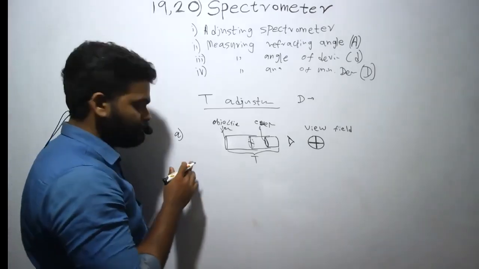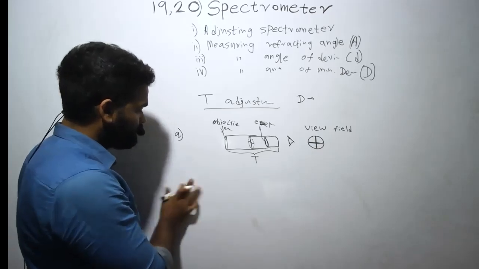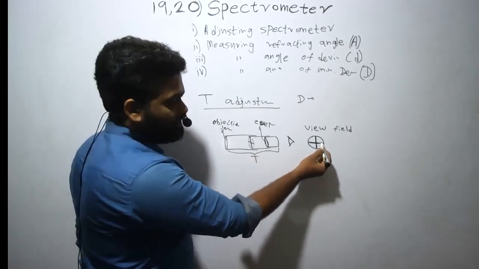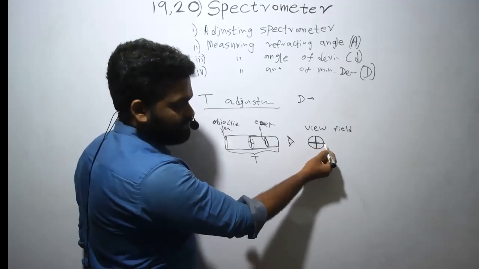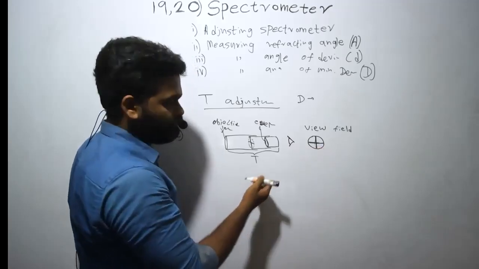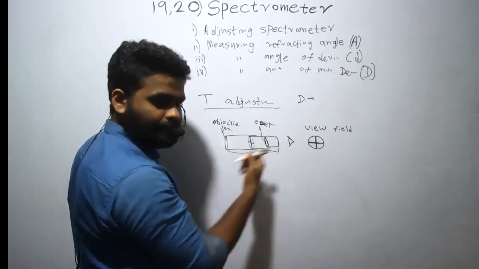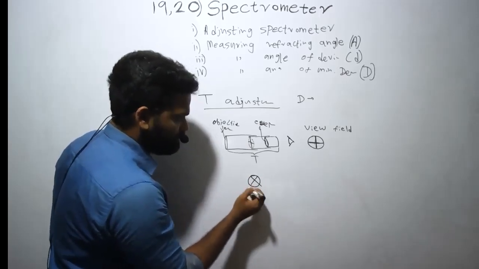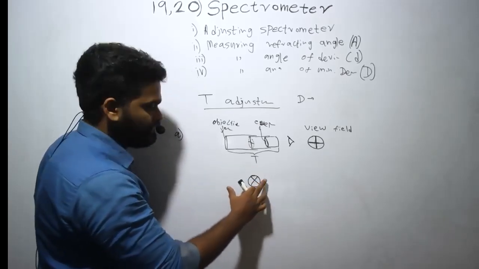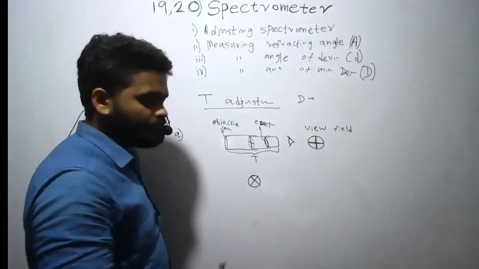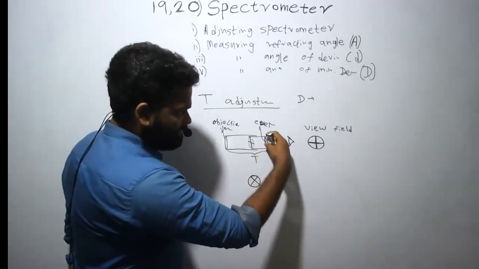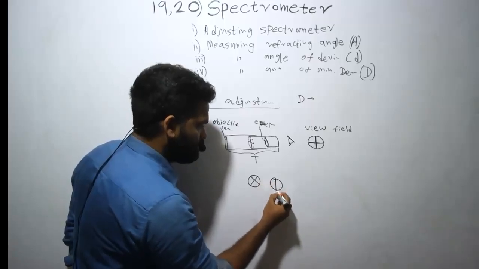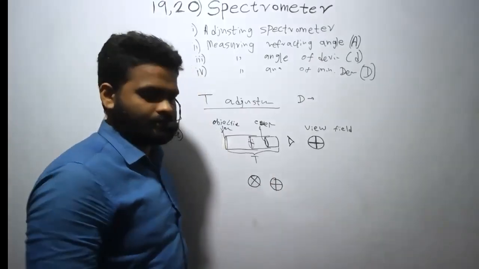Before that, I have to tell you that you might not see the cross wires with one line vertical and the other horizontal. When you observe through here, you might see it tilted. Then what do you do? You can rotate this by hand and make the cross wires vertical and horizontal.